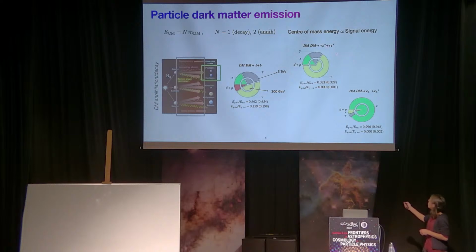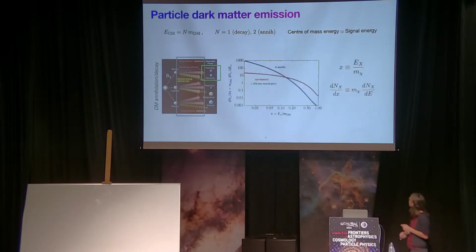You can also do something analogous for taus and for electrons. And just to have a look here, if you have taus, they have semi-hadronic decay, so you also predict photons from pion decay. And if you have electrons instead, they can only produce electrons, and you can have a minimal contribution from final state radiation.